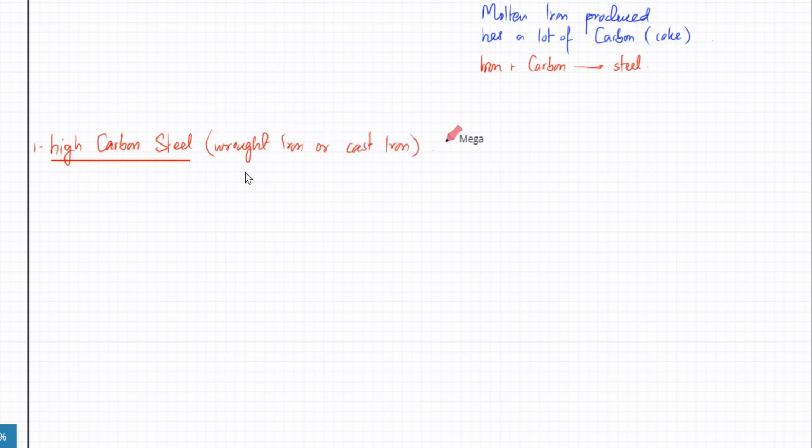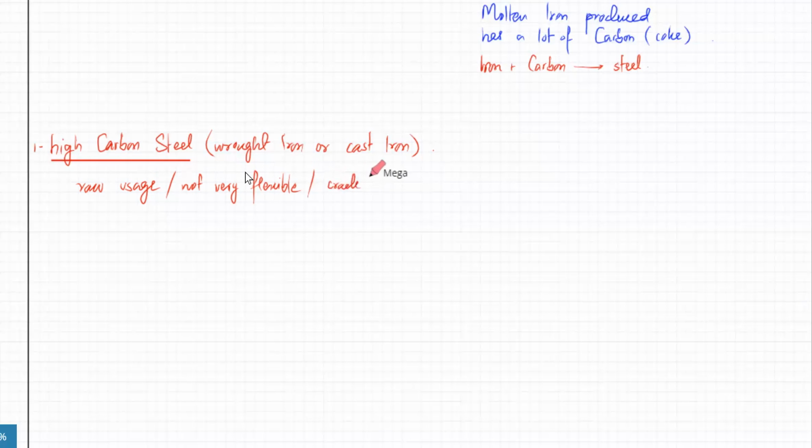When you have high carbon steel, it's only used for raw usage because it's an alloy. It's not very flexible, and when something is not very flexible, it's bound to crack. Not very flexible can also be called not malleable and ductile. So that is your high carbon steel.